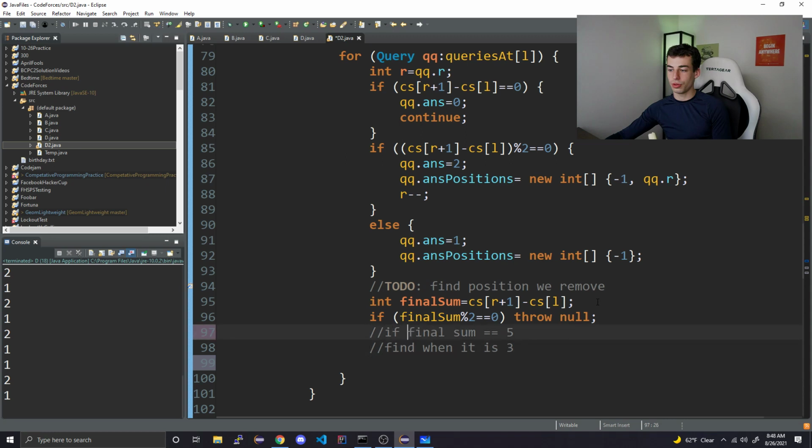Okay. Same thing if it's negative 5. So in target, final sum will be final sum over 2 plus final sum mod 2. We want to find the index that it's this.